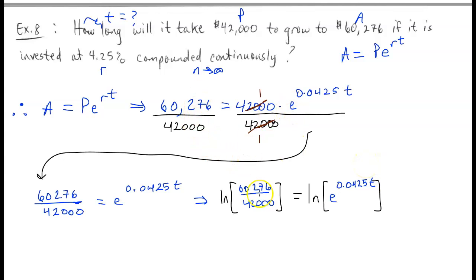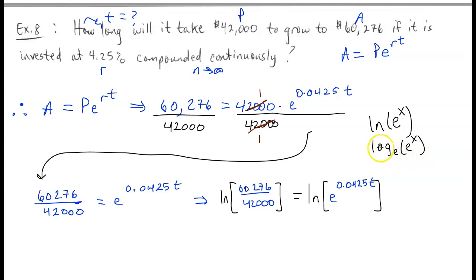Now, with this being said, the right-hand side here, notice that natural log of e raised to the something, I'm going to write it like this, natural log of e raised to the x. This is the same as saying log base e of e raised to the x.